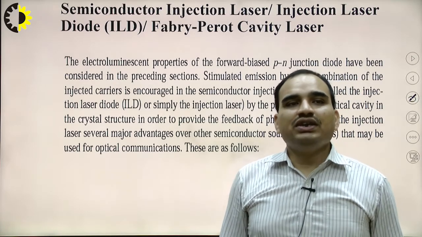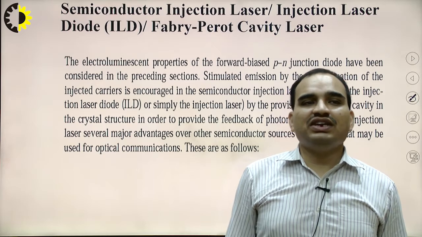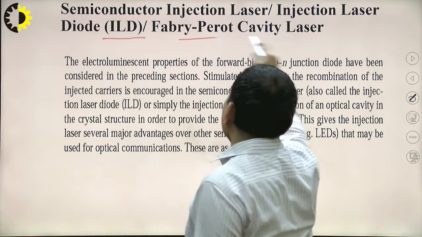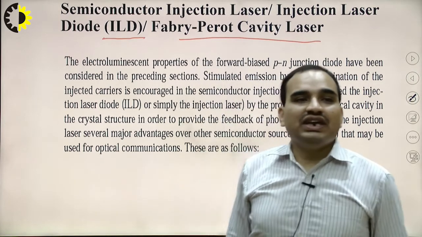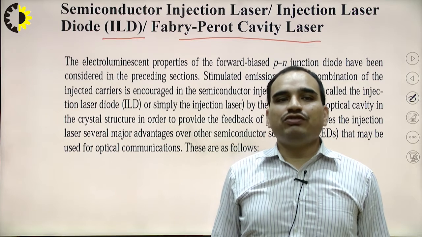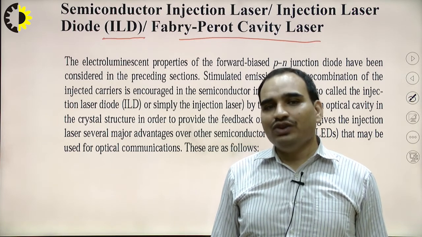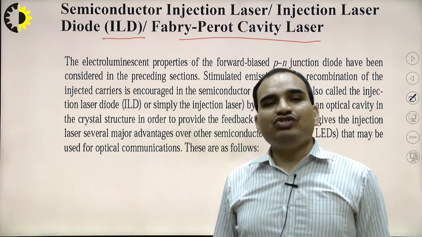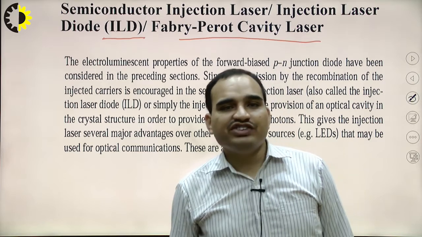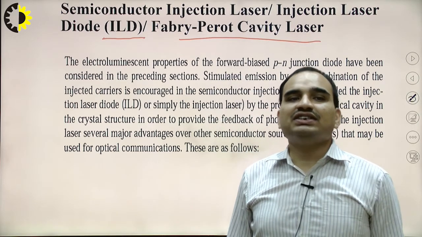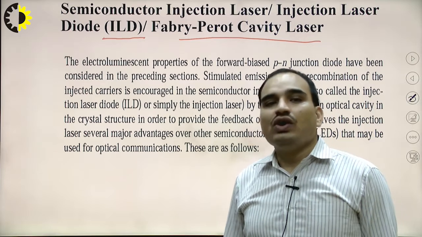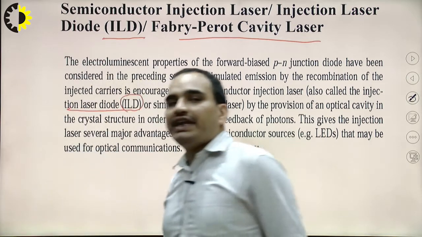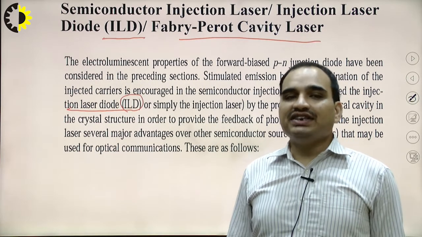So the semiconductor injection laser, or the injection laser diode, also known as ILD, or the Fabry-Perot cavity laser. The electroluminescent properties of the forward bias PN junction diode have been considered, and the stimulated emission by the recombination of the injected carriers is encouraged in the semiconductor injection laser, also abbreviated as ILD, or simply the injection laser.